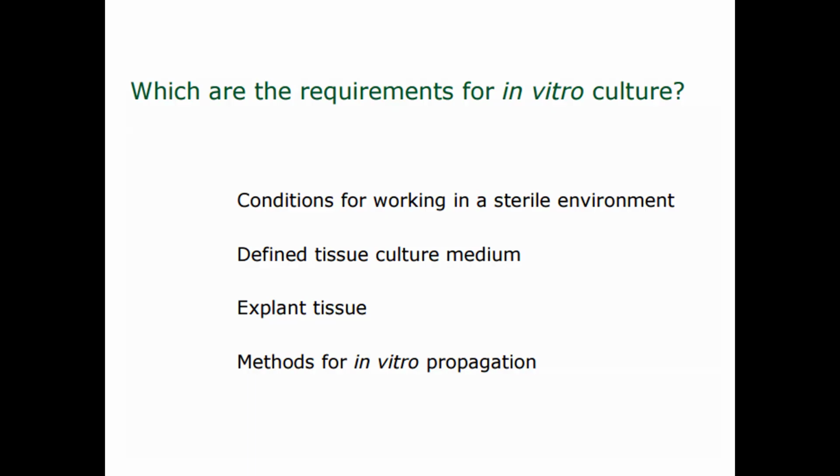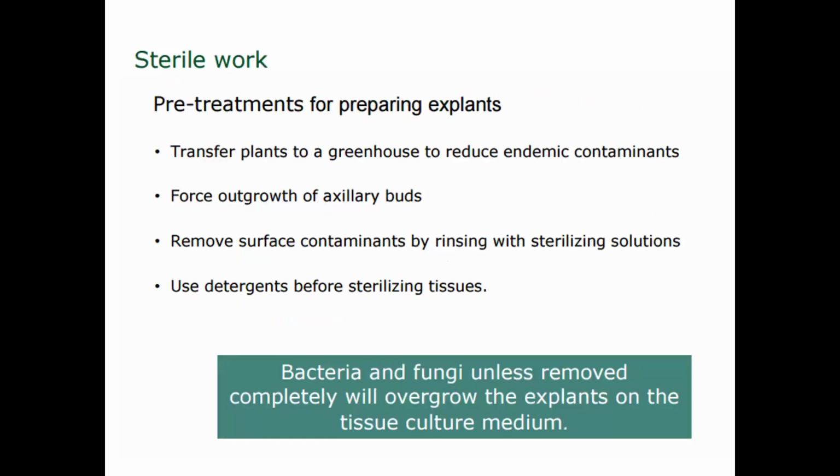Methods for in vitro propagation. What does it mean? It means all plants are not cultivable using the same protocol. Even within the same species, you may need to modify the conditions, even nutrient and other medium, for getting a good result.